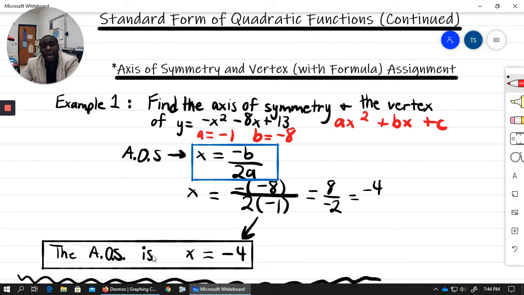You've got to write your axis of symmetry as an equation, because for a quadratic function, the axis of symmetry is a vertical line. In order to tell what that axis of symmetry is, you need to write it as the equation of a vertical line, which means it's written in this form: x equals some number. All right, so that's that part.